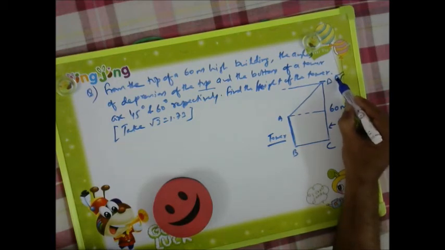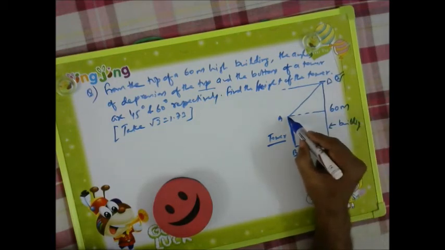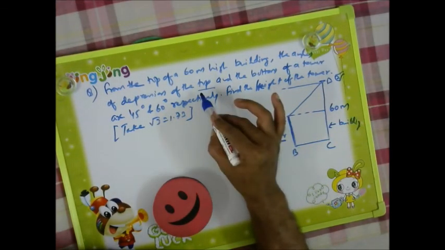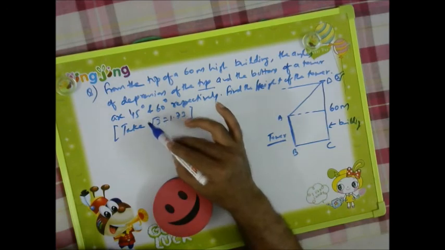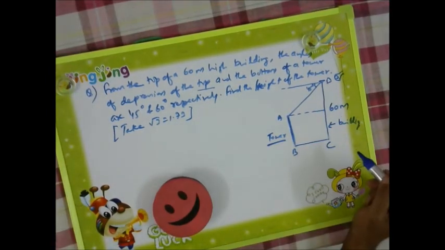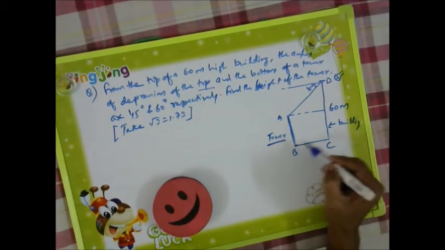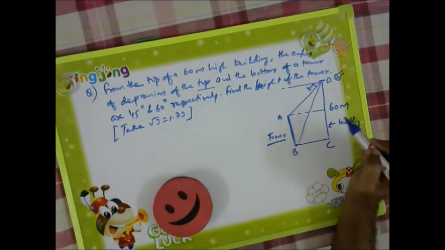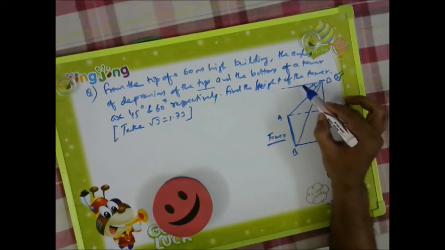From here, this top of the tower, so angles of depression of the top and bottom of a tower are 45 degree. So this angle is 45 degree, right? And the bottom of the tower, so from here, this is the bottom of the tower, and this angle is 60 degree.